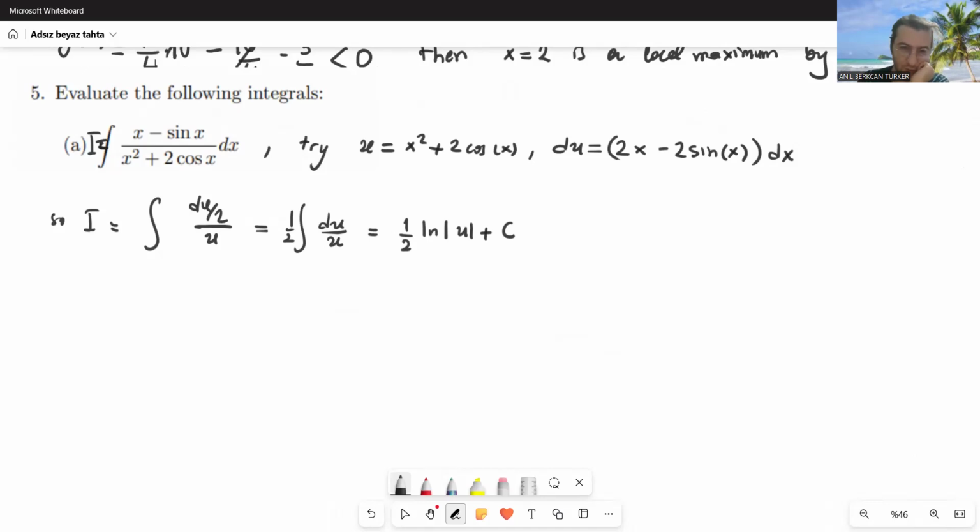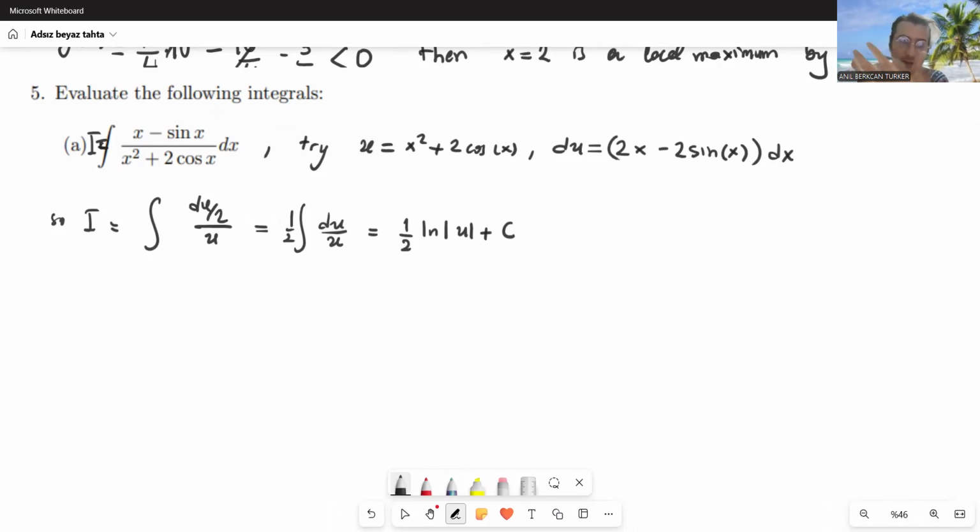In this case we don't know the sign; it is positive most of the times, because it is bounded by minus 2 and 2, but it takes a lot of time to check. So it's better to put the absolute sign, because ln is only defined for positive real numbers.